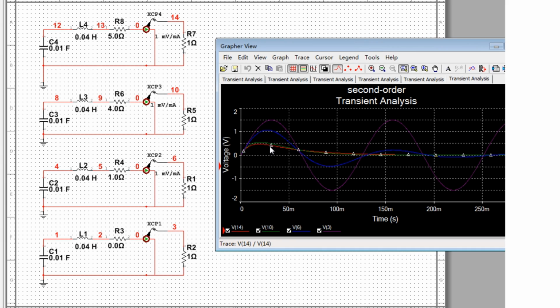Now the red line is overdamping, the green line is critical damping, the blue line is underdamping, and the purple line is no damping. Similar to the previous discussion, you can find that the change speed of no damping is the fastest. Next is underdamping, and critical damping and overdamping are the slowest.